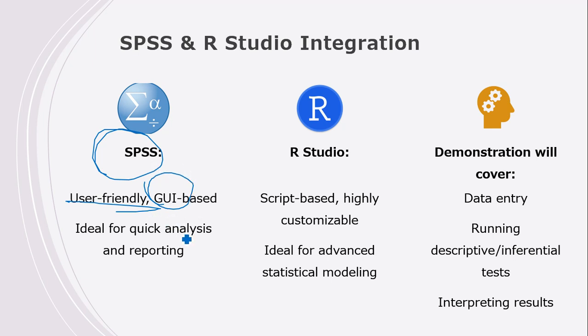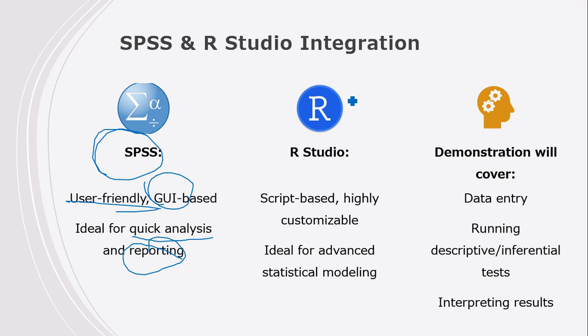It's ideal for quick analysis and reporting. You don't need to know any script or any coding here. Just simple and straightforward. Just drag and drop, and you're done quickly and efficiently.